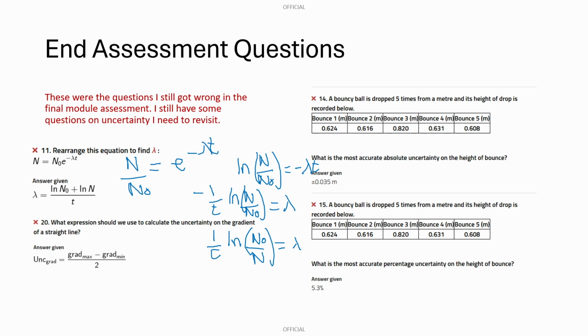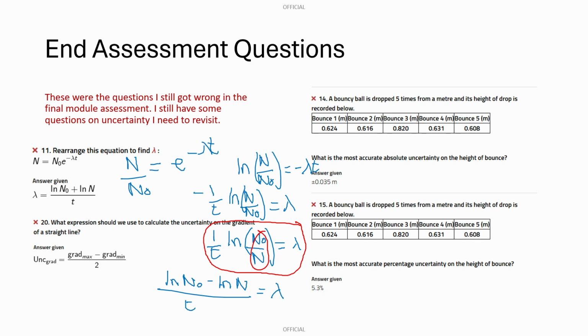Where I'm not sure about their answer is when I have a natural log of something divided by something else, it becomes a negative. So what I should have is log N naught minus log of N, divided by t, equals lambda. Generally speaking, whenever we actually use this in context, because you'll see this in the radiation topic, we tend to stick at this stage and we actually work out this fraction.